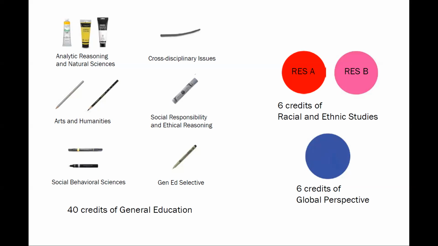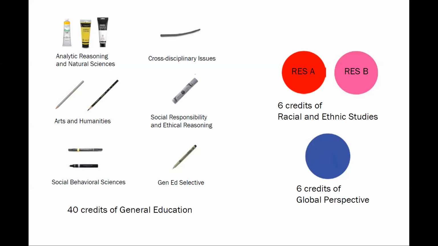While you are choosing the different colors of these different art tools or art mediums, you need to get 6 credits of a red and a pink. You could get 2 reds if you want to, but you definitely have to have 1 red and 1 pink.